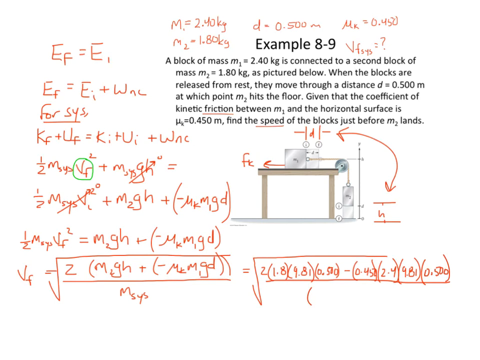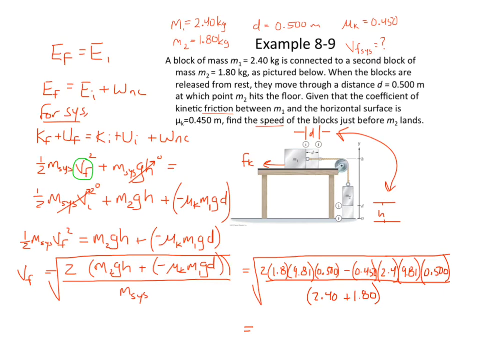Okay, so mass 1 is 2.4. I should have been writing 2.40 in there. Plus 1.80. And then, of course, we need to remember to take the square root of the whole thing. So this is our working equation, and this will solve for the final velocity of the system.